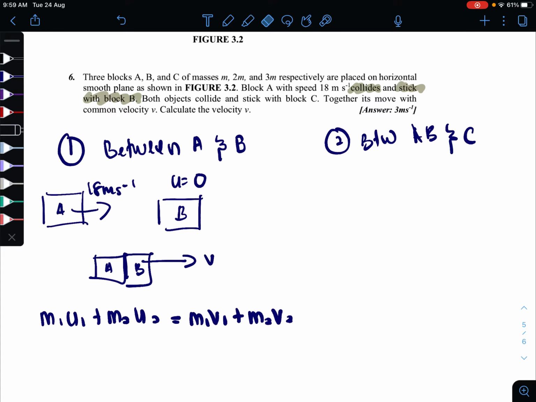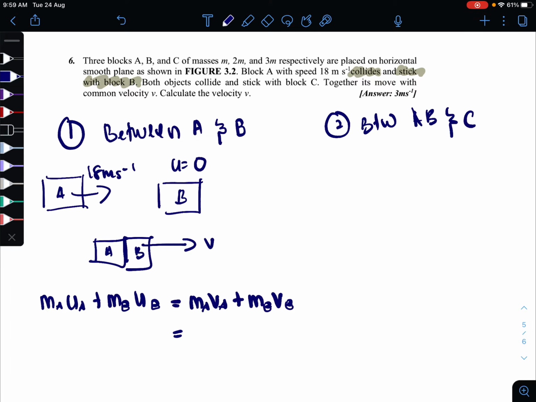In the question, it is A and B, so I will write MA UA plus MB UB is equal to MA VA plus MB VB. They stick together, so they are going to have the same velocity, VA is equal to VB is equal to V. So I am going to factorize my V here, MA plus MB.